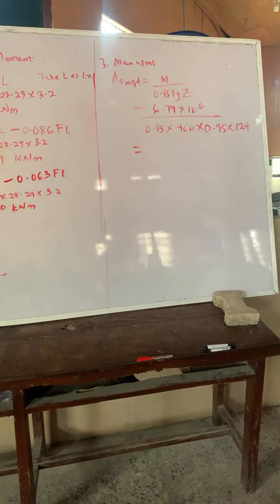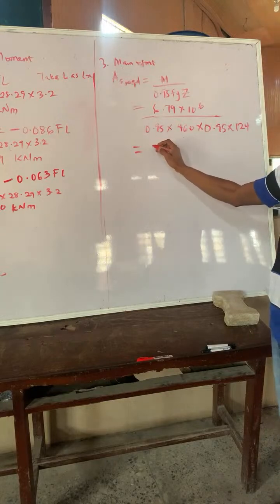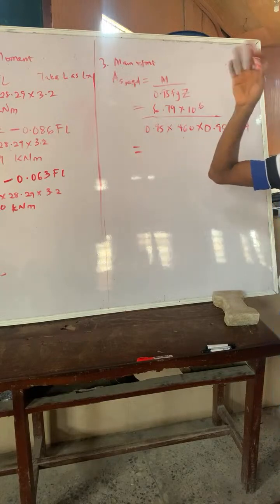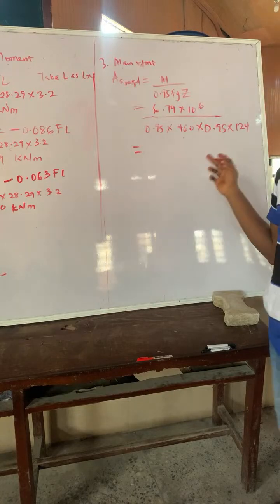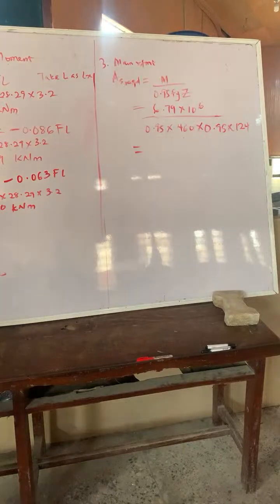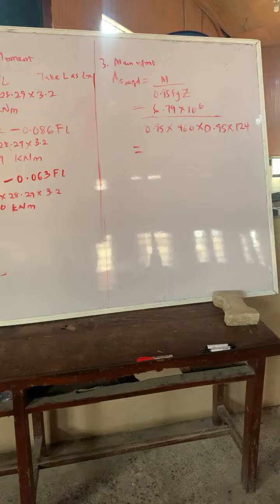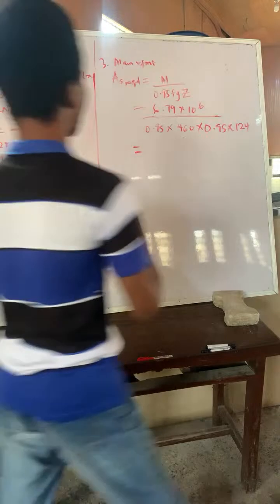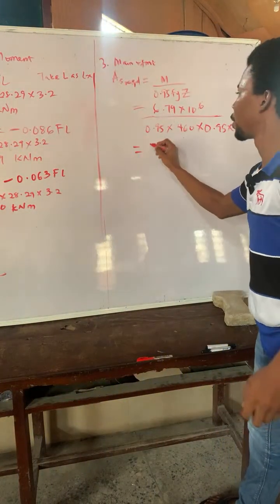Please check the question. Confirm for me. Is it in the question? Fy, 460. What's the answer? Please, another person should punch too. Let's confirm. 1259.89.